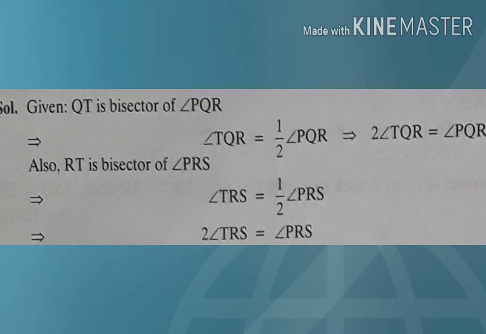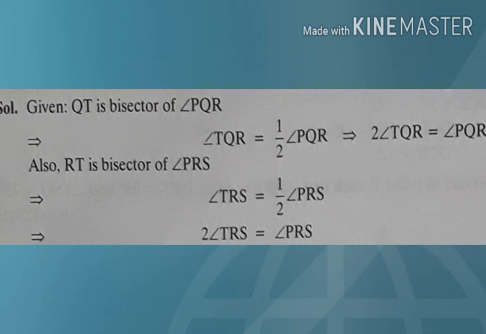Or we can say that twice angle TQR is equal to PQR. Clear? Then we can consider another one. RT is the bisector of angle PRS. So in the same way we get twice angle TRS equals angle PRS.